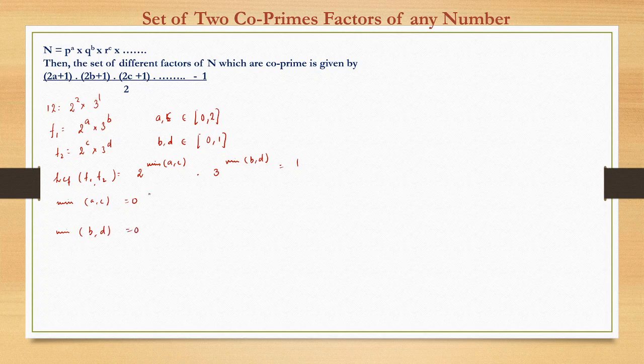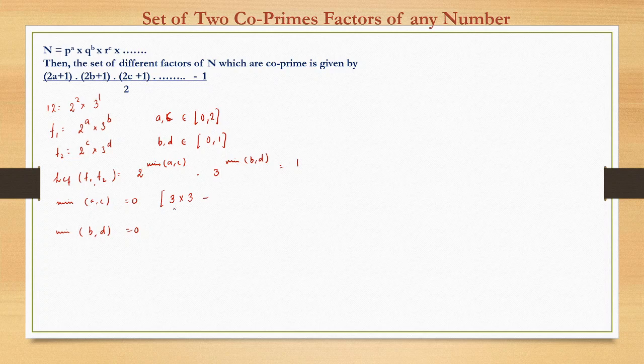Now we will use the concept of probability, and those of you who know probability can very well get this concept. How many values can a take? A can take three values, 0, 1, 2, right? Similarly, how many values can c take? C can also take three values, 0, 1, 2. So 3 into 3, minus.